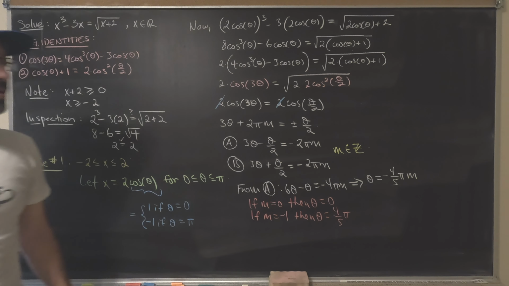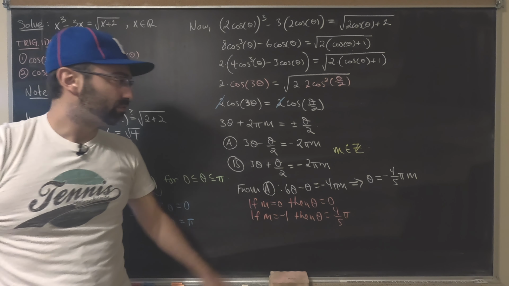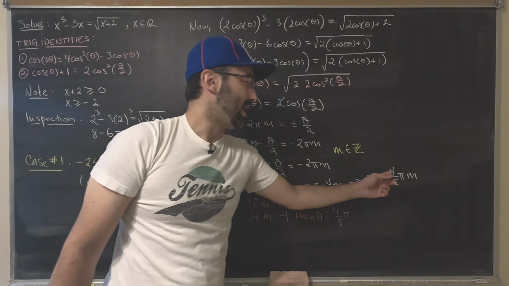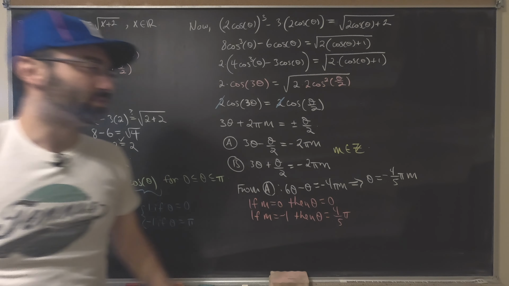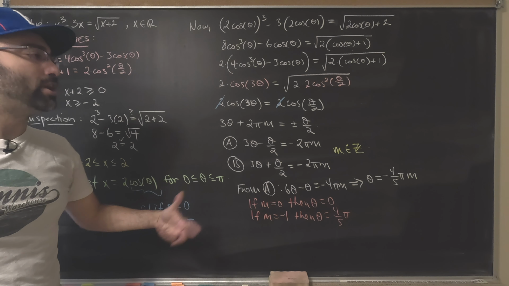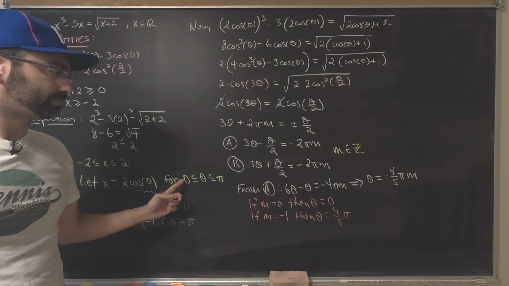But if we pick any other lower integer, negative 2, negative 3, negative 4, what happens? When m is negative 2, we get 8/5 pi. If we plug in negative 3, we get 12/5 pi. Those quantities end up becoming greater and greater than pi, and so we fall outside of this interval.